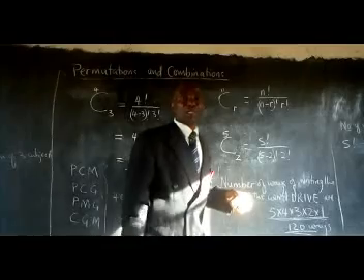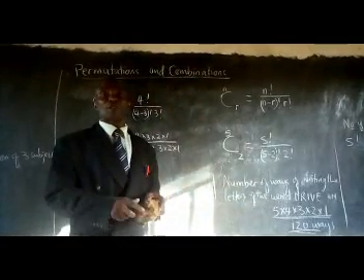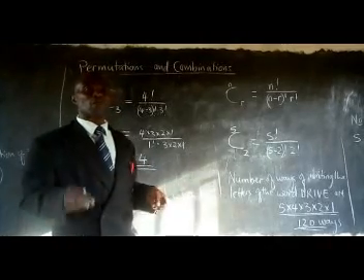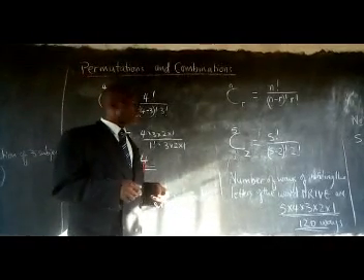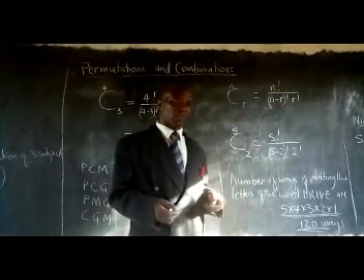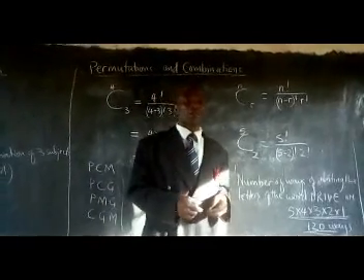You simply substitute and get the value. Remember, I told you the factorial notation. 5 factorial means 5 times 4 times 3 times 2 times 1. You write the multiplication in the reducing order.